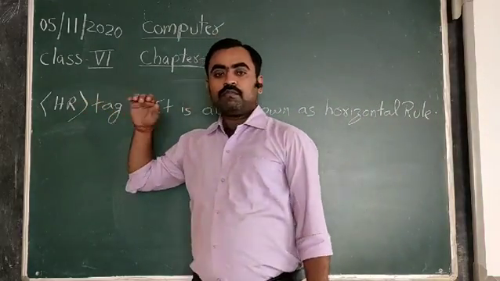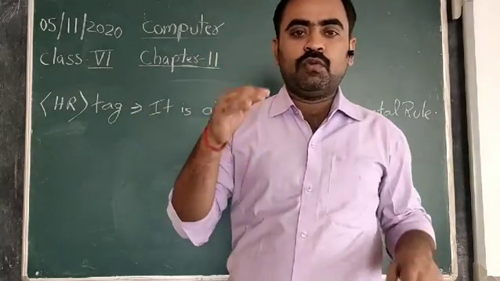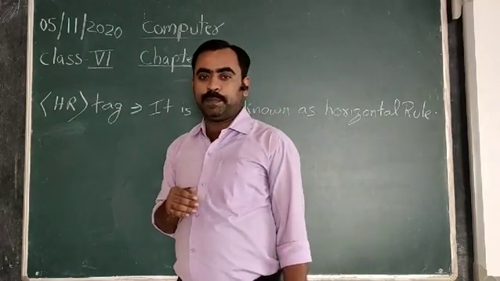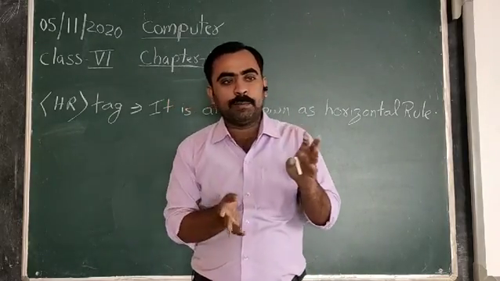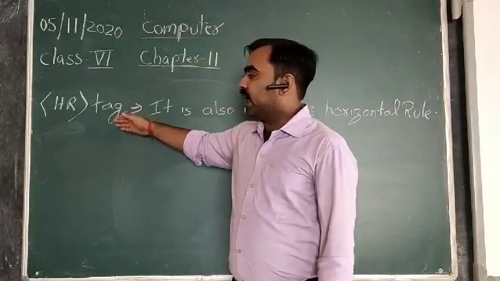If you want to draw a blank line, a horizontal line in between on your web page, or you want to divide your web page into two different parts, you can use the HR tag.